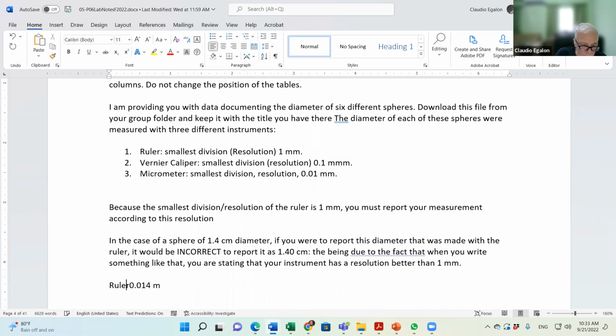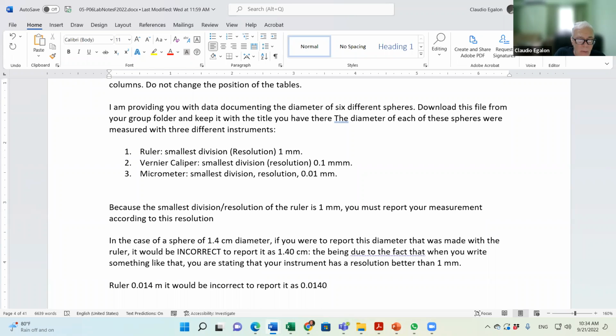If it's the ruler, it should be 0.14 meters. It would be incorrect to report it as 0.0140.